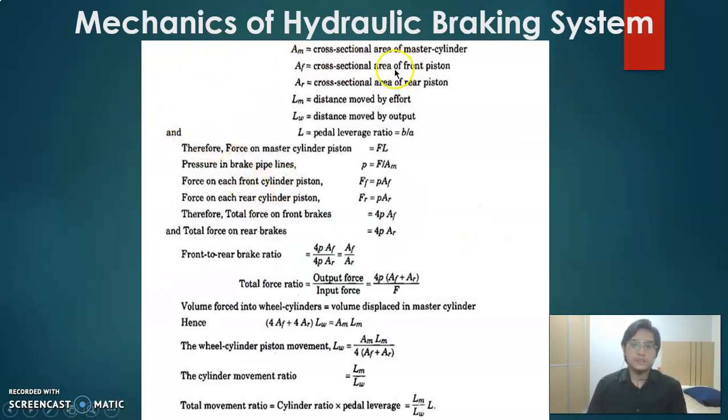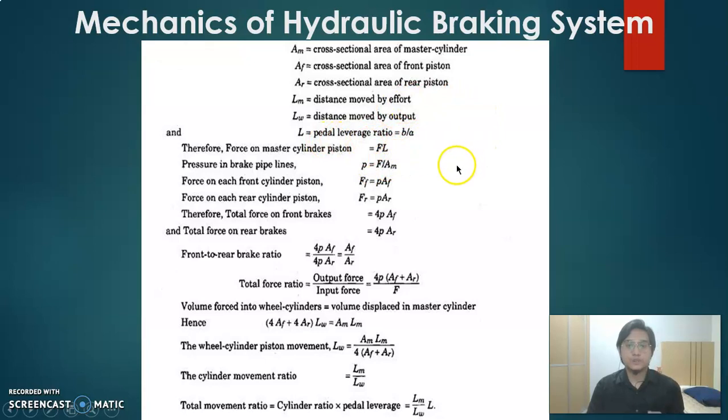So this is the equation for the mechanics of hydraulic braking system. They have the cross-sectional area of master cylinder AM, cross-sectional area of front piston AF, cross-sectional area of rear piston AR, distance moved by effort LM, distance moved by output LW, and pedal leverage ratio B/A.